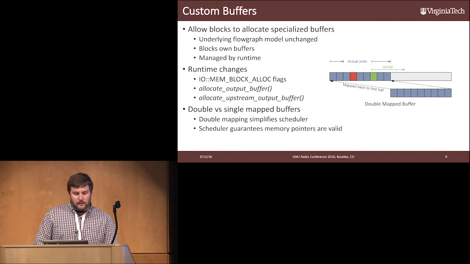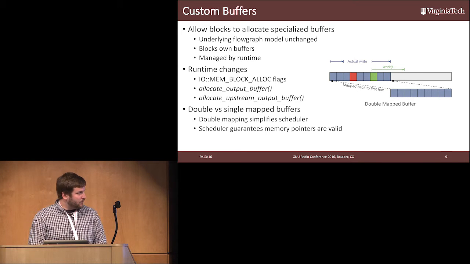One of the other things that this causes is an issue with double versus single mapped memory buffers. In the GNU Radio runtime, every single buffer that is allocated is a doubly mapped virtual memory circular buffer.